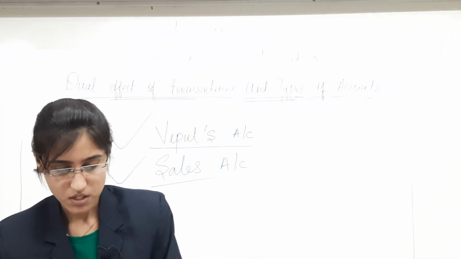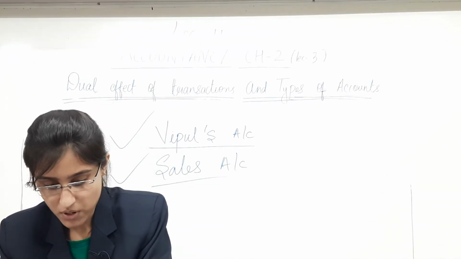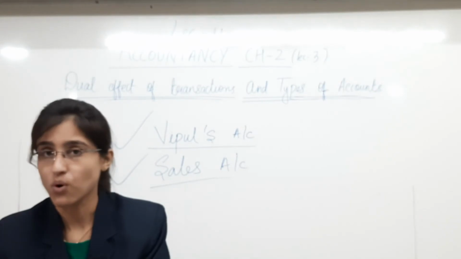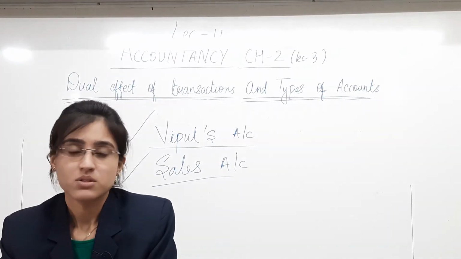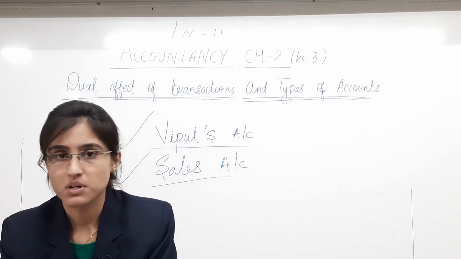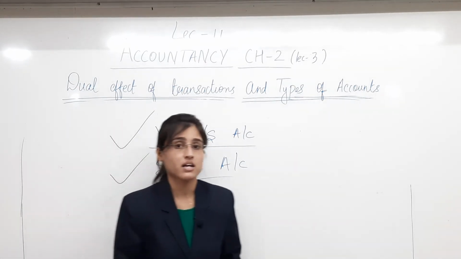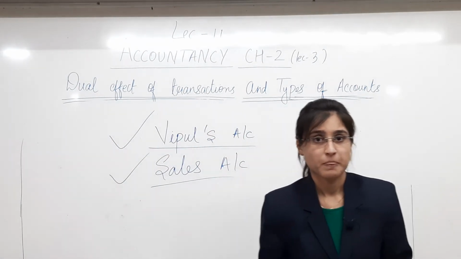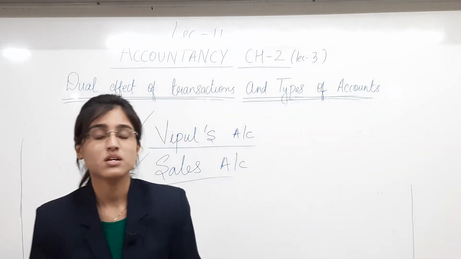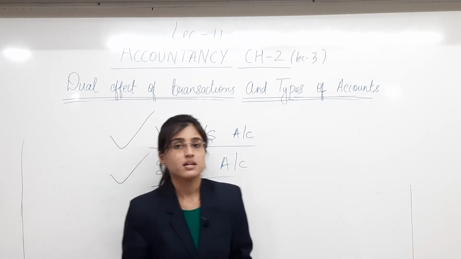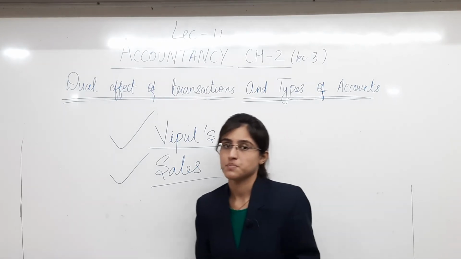Then, fifth transaction. Goods sold worth rupees 2,000 for cash. Now this is an important transaction to understand. Firstly, this is a cash transaction. While understanding the identification of cash transaction, there was an important point that cash account will definitely be affected here.